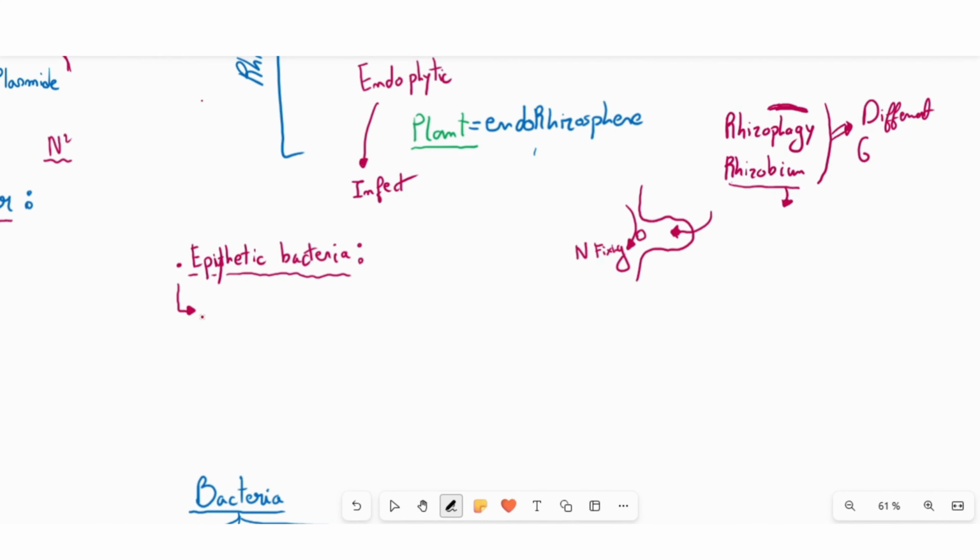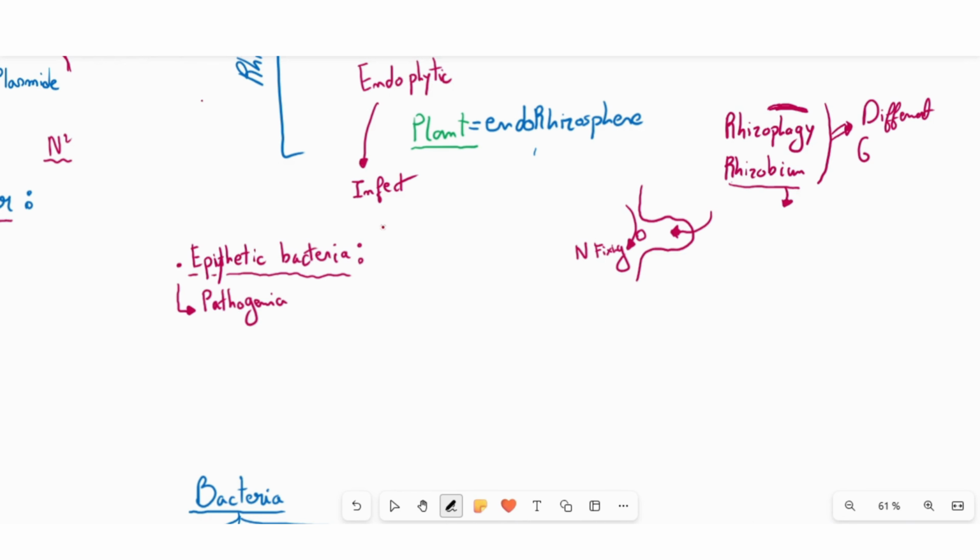Mostly today, when we say PGPR, we mean good PGPR, we mean good epiphytic bacteria, ones that don't cause disease. But when we say epiphytic bacteria in general, we mean pathogenic ones, meaning ones that can latch onto the surface of the plant and cause disease.